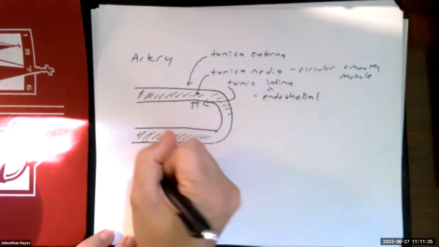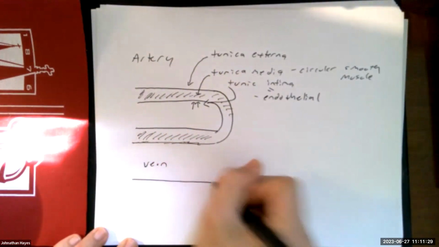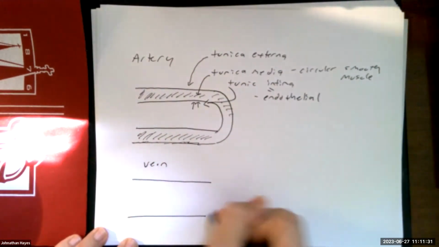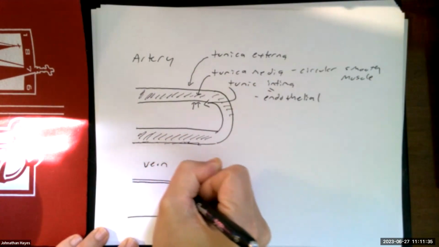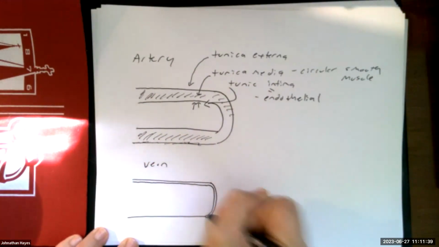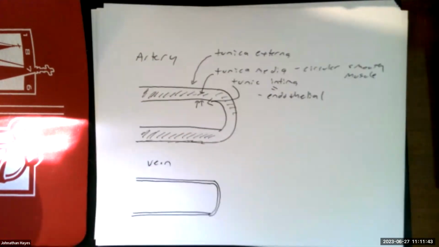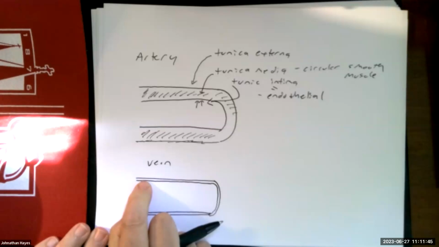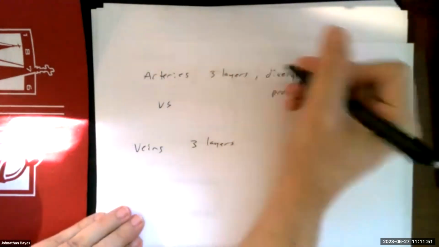Okay. So in arteries, tunica media, much more developed. So if I look at a vein, you still have the same basic layers, but a vein's going to look more like this in cross-section. Right? Much thinner, right? So when you get into veins, you still have the same basic 3 layers, right?